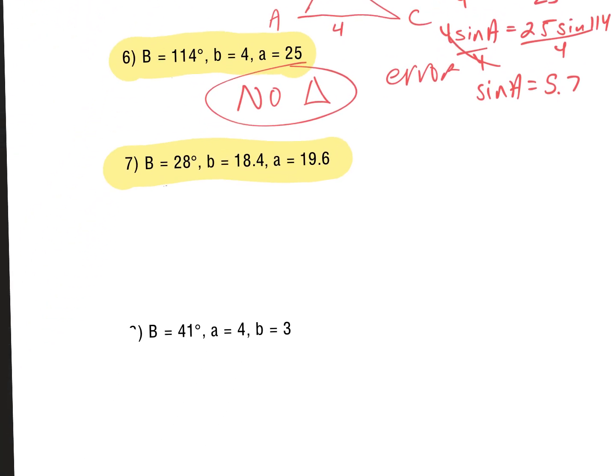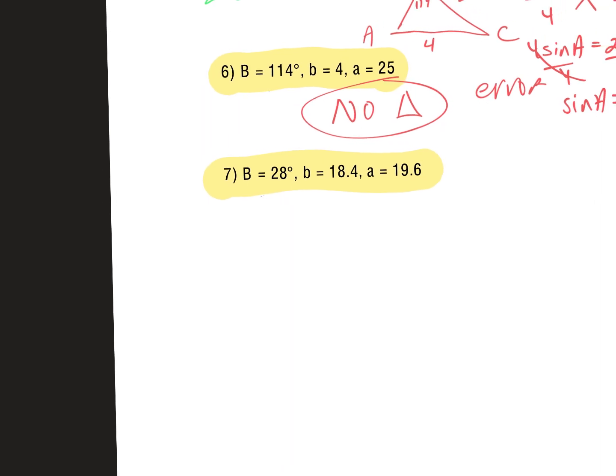Again, figure out the information that you have, what you're working with, what you're looking for, that sort of thing. So here's my triangle dimensions. I have A, B, and C. Angle B is 28 degrees. Side B is 18.4. And side A is 19.6. So what am I going to start off using?